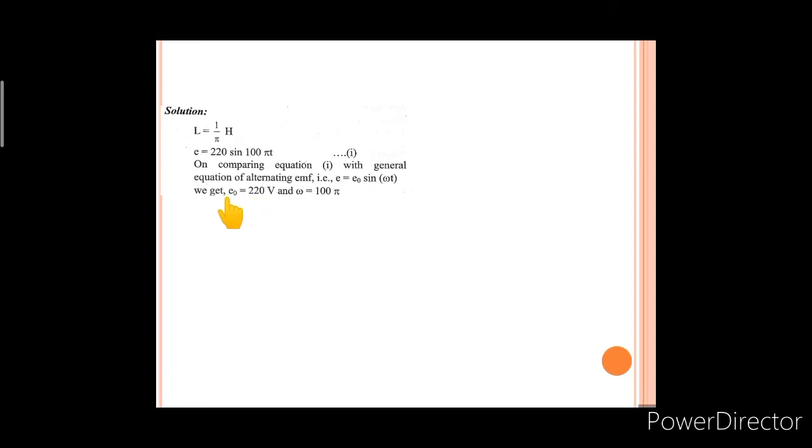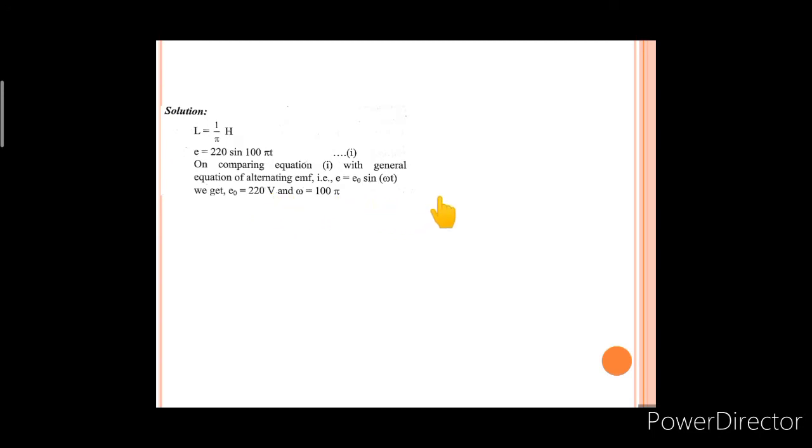First, we compare the given equation number 1 with the general equation of alternating EMF, which is E is equal to E0 sin omega t. Comparing, we get the value of E0 as 220 volt and the value of omega as 100 pi.